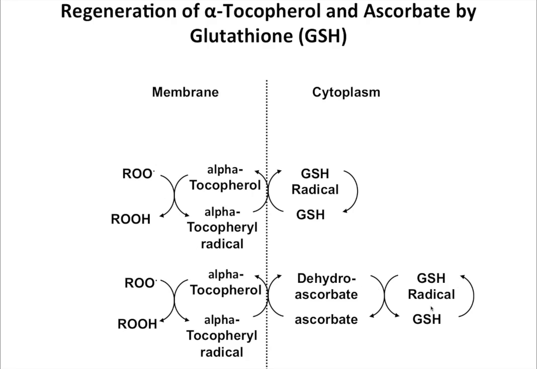Glutathione can actually interact with this and help you reproduce the ascorbate, the ascorbic acid that you started with. So then ascorbic acid could go on to regenerate another alpha tocopherol molecule, or it could interact and neutralize another type of reactive oxygen species or free radical species.